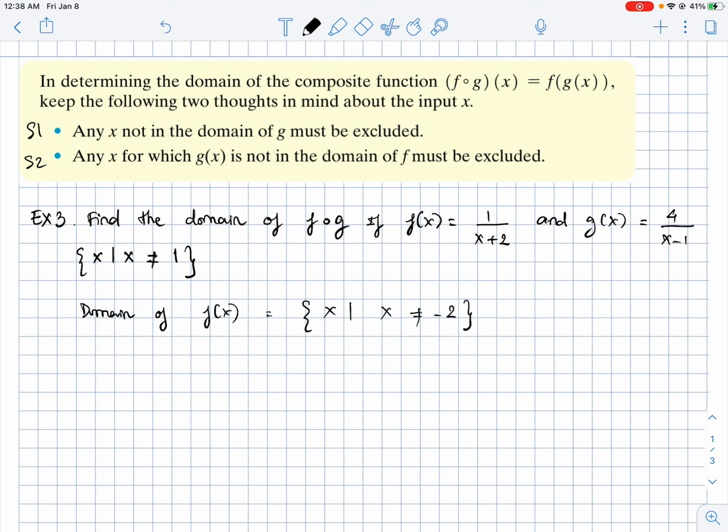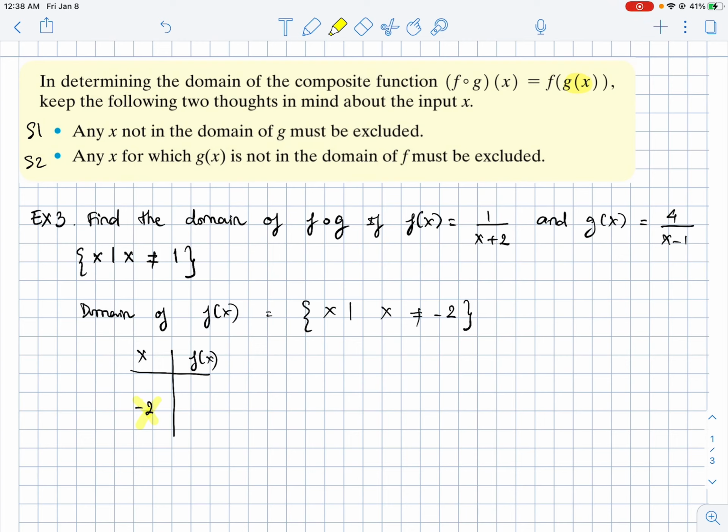It means that in the table, to find the points for the function f of x, the -2 is the one that we need to exclude. However, by definition of f compose g, g of x becomes the input.